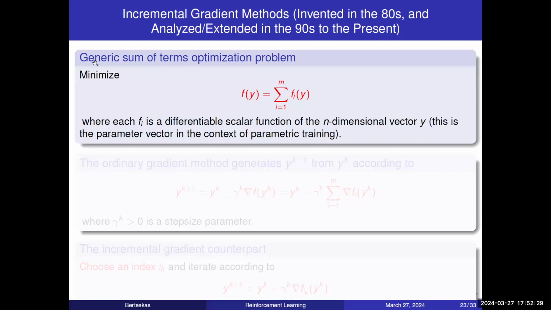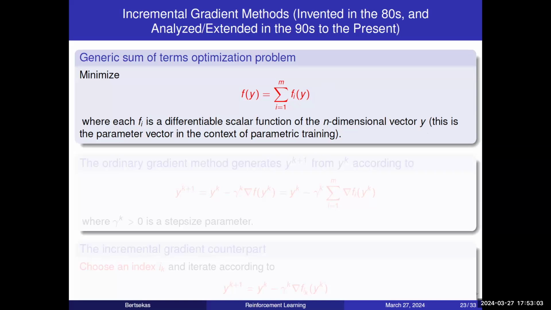We're going to focus on this generic sum-of-terms optimization problem, whereby we would like to minimize f of y, which is the sum of component functions f_i of y, where each f_i is a differentiable scalar function of the n-dimensional vector y. This is the parameter vector in the context of parametric training we talked about.